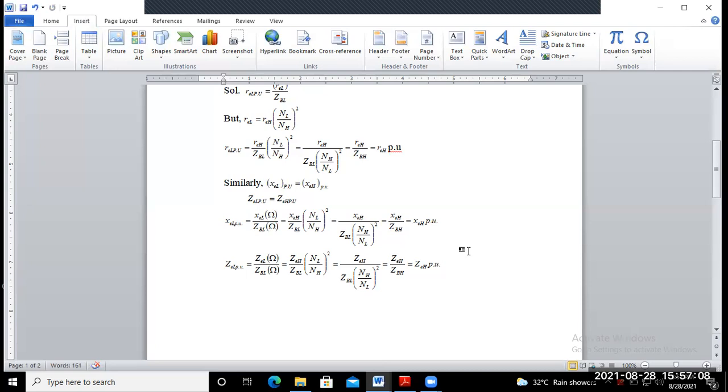Okay, so keep all these points in your mind, and whenever you solve a problem and require it, directly use this property of per unit. That means any quantity of the low voltage winding side or high voltage winding side are equal. So be careful about these things, very simple.